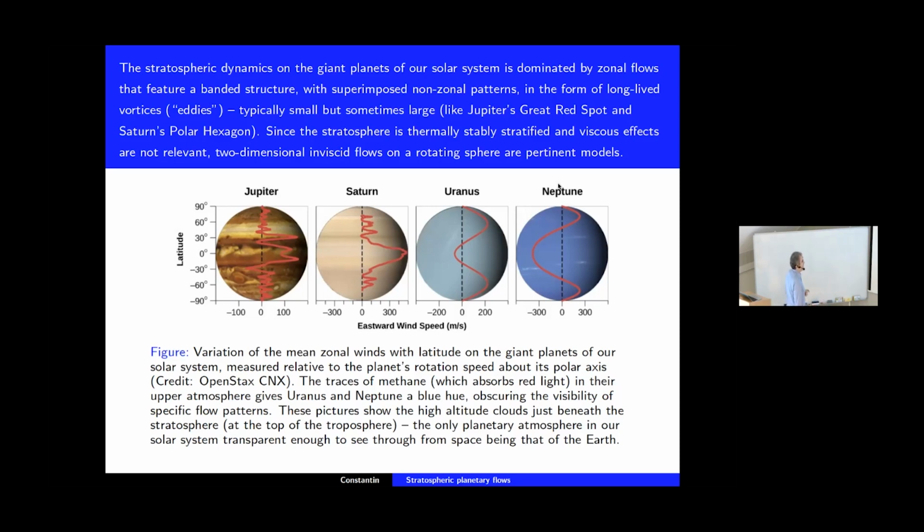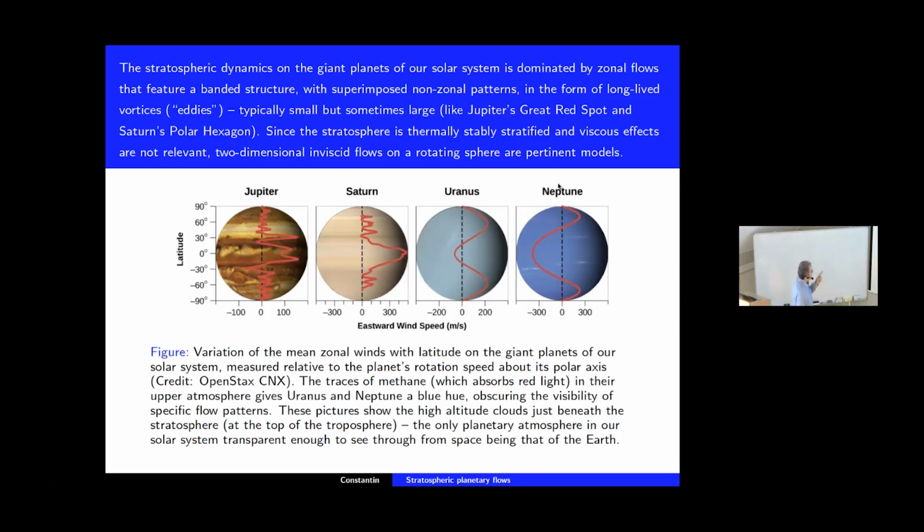The problem with the planets that are not gases is that in many of them there is no stratosphere. I want the stratosphere because, like the name says, in the stratosphere things are stratified. And because they are stratified, you can think of the atmosphere like an onion. So it's rotating, but it's two-dimensional. There is a change of density in the vertical, but it's a fundamental help to simplify matters.